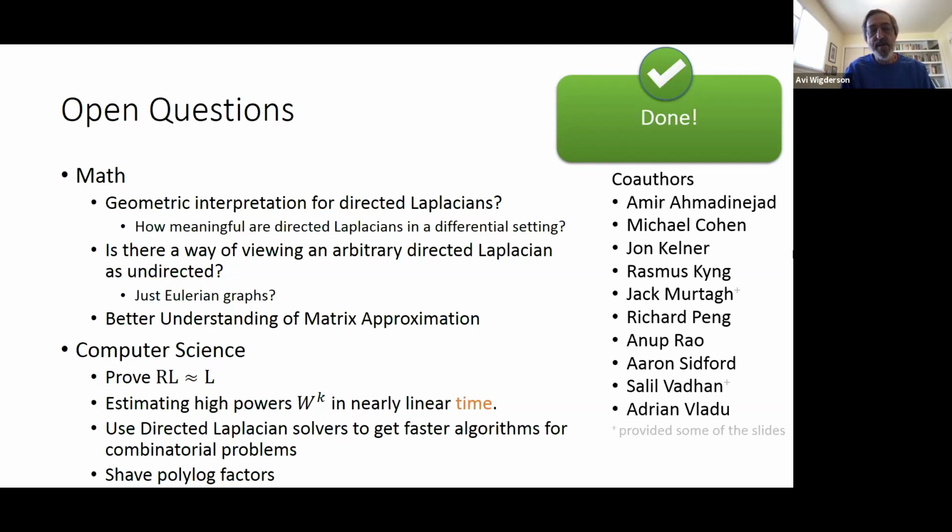What do you think is really the major roadblock to getting RL really close to L? You do it for Eulerian and the generalization for fast mixing graphs like RTV. What if I just have a graph that's almost Eulerian, it just deviates by one edge from being Eulerian? How badly does it throw off your algorithms?